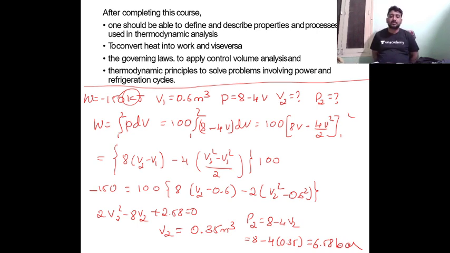So this is 8(V2 minus V1) minus 4(V2 square minus V1 square) by 2, into 100. If you solve this, you will get 2V2 square minus 8V2 plus 2.58. This becomes a quadratic equation. Use the formula minus B plus or minus root of B square minus 4AC divided by 2A, and you will get V2 equal to 0.35 meter cube. Then you substitute in the given equation, 8 minus 4V.